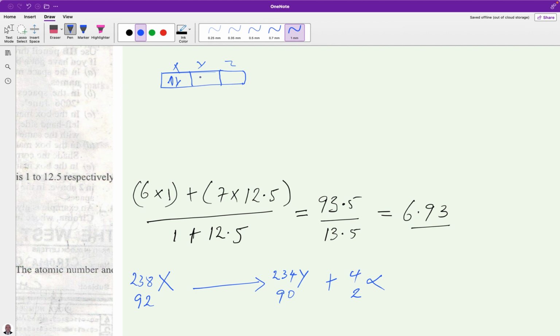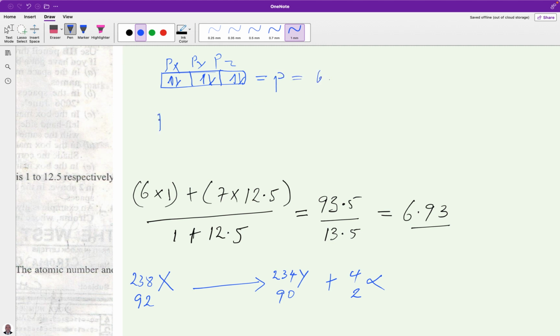Each orbital has a maximum of 2 electrons spinning in opposite directions. Therefore, the P orbital has a total of 6 electrons.